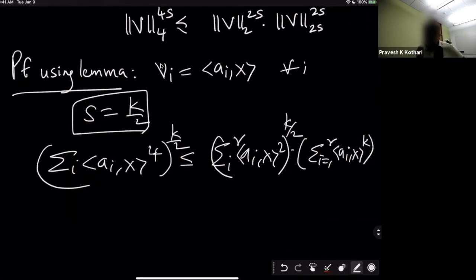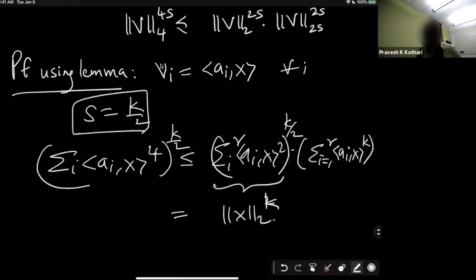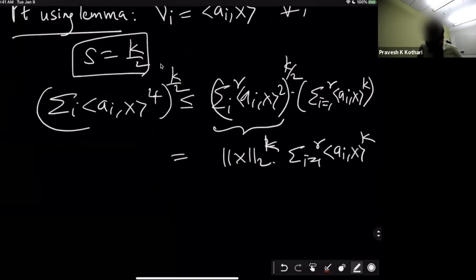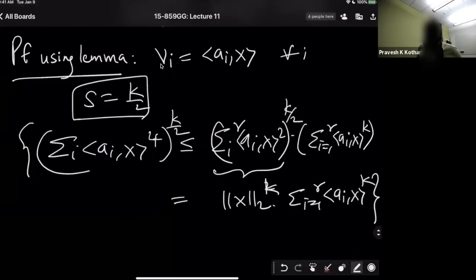So I'm going to say I'm done now because I know that this is equal to norm x squared to the k over 2, that is norm x to the k, which is actually at most 1 from our constraints. And so what have I proven? I know that the constraints derive this in degree 2k or whatever, k plus 2.